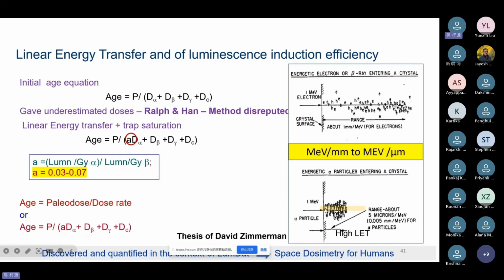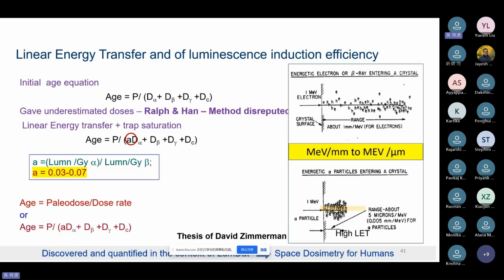Whereas an alpha particle, being a heavy particle, puts all its energy into a few microns. So although it has ionized the crystal, the crystal does not have the capacity to absorb all those traps, and most of them are wasted. The efficiency of the alpha particle is about 3 to 4% in producing signal. So for the same energy, an electron is more efficient in producing luminescence than an alpha particle.